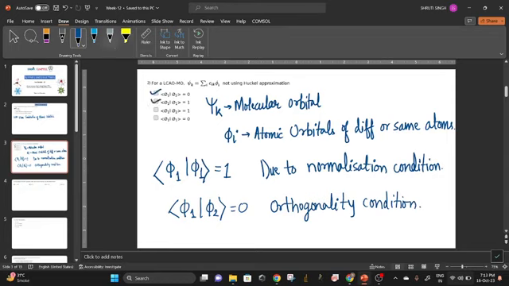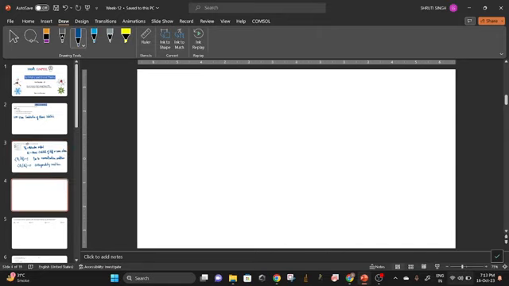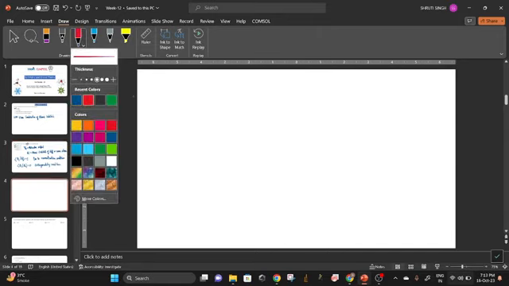It is asking when we are not using Huckel approximation. So if we are using Huckel approximation, what will happen?